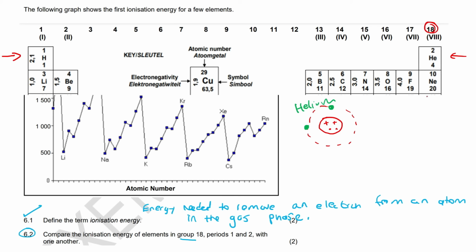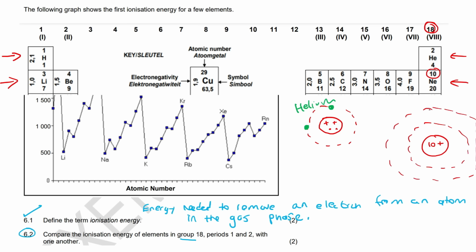Now, if we had to do neon, well, neon also has a nucleus, of course, and it's got 10 protons, okay? So I'm definitely not going to go draw 10 protons, but I'm just going to say 10 pluses, and then it's in row number 2. So it's going to have 2 rings going around it, okay?